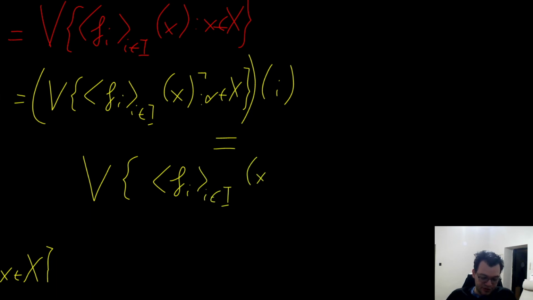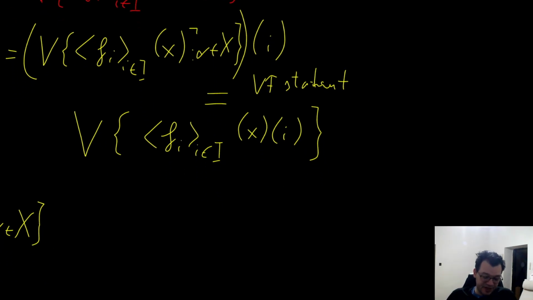So in order to compute the ith value of a supremum function, it can be done by just computing the ith coordinates of the functions in question and then taking the supremum. Yeah, so this is just the statement about this. The supremum function, how does it look like?